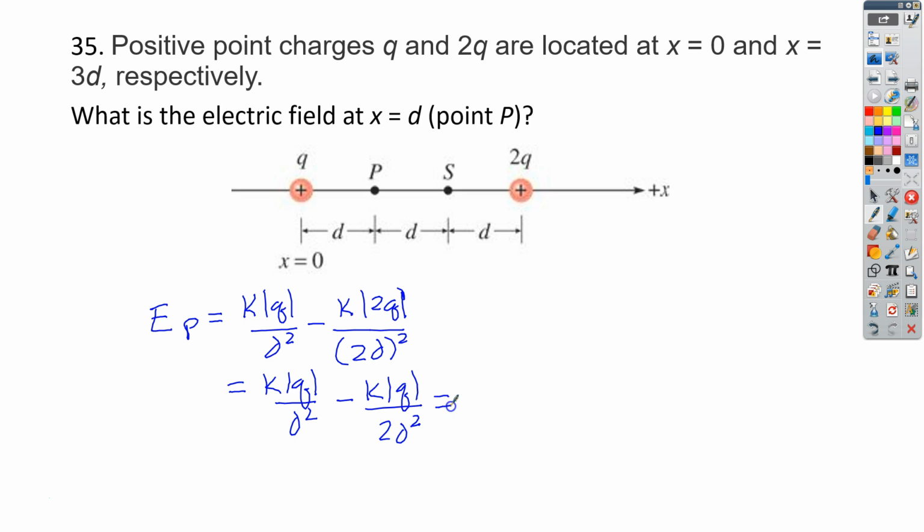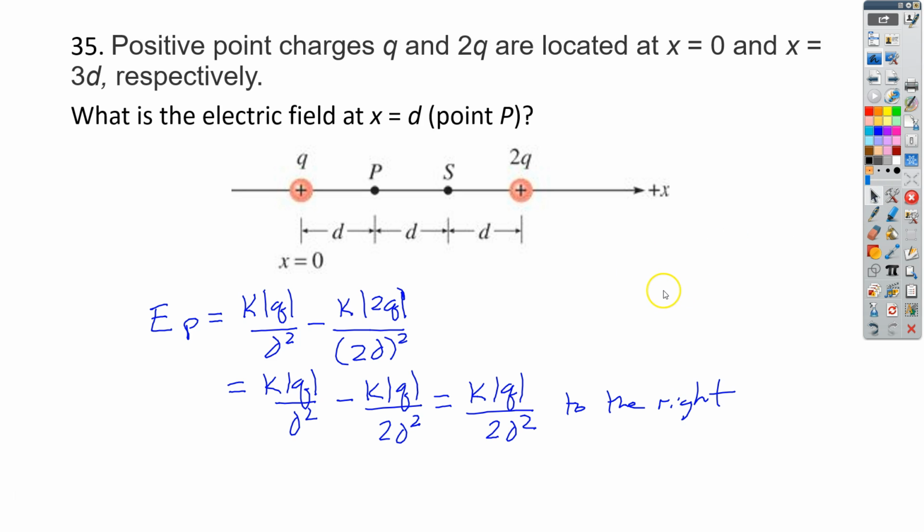And so now that is equal to K times Q all over 2D squared. And they want to know which way it would be pointing. And so the electric field at point P should be pointing to the right. So that field should be pointing towards the right.